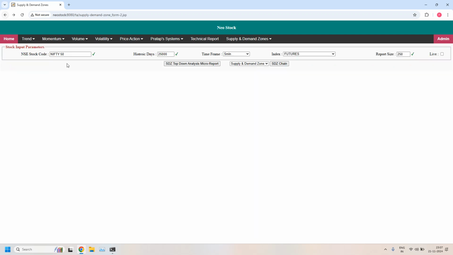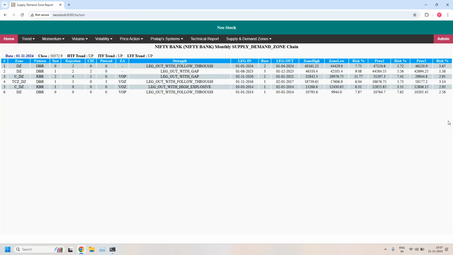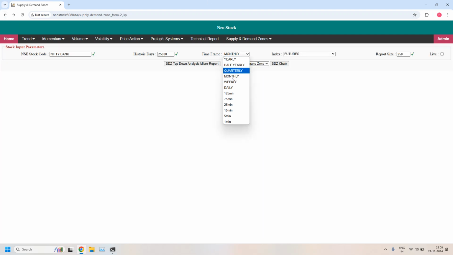Next let us generate a Nifty bank, that is nothing but bank Nifty. Let's start with the monthly time frame, generating monthly supply demand zone chain for bank Nifty. Next time frame is weekly, generating weekly supply demand zone chain for bank Nifty.